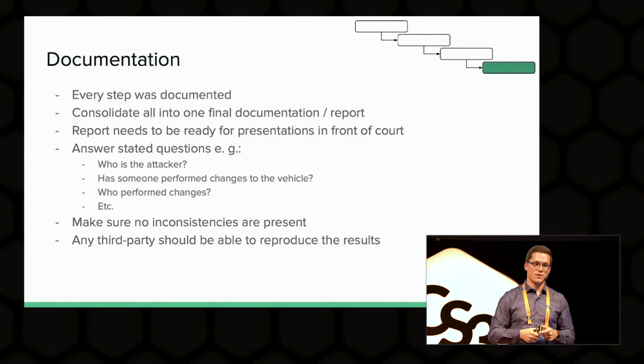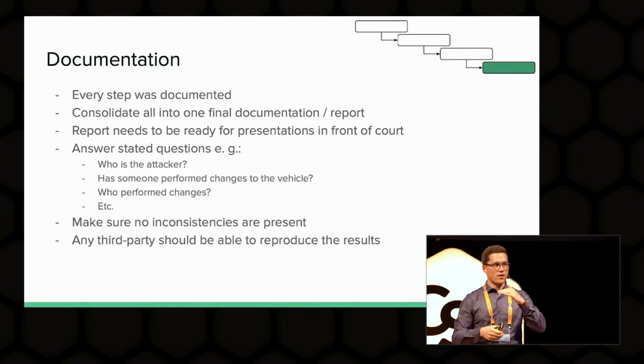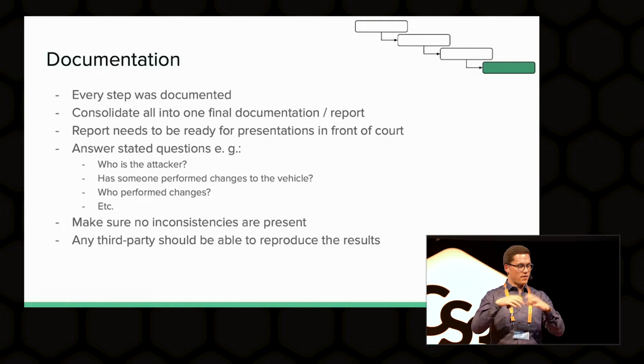So last but not least, the documentation. During our analysis, we document every step. We work in pairs. At the end, we consolidate everything into one final documentation or report, and the report needs to be ready for possible court presentations. Therefore, no inconsistencies should be present within this report.